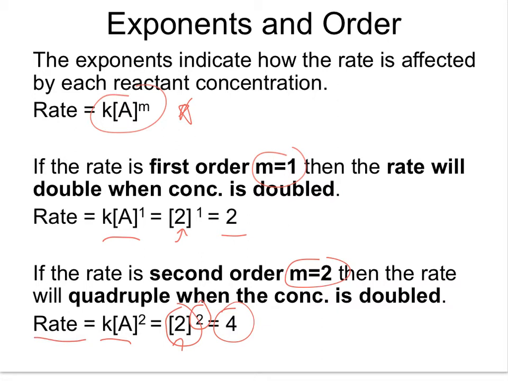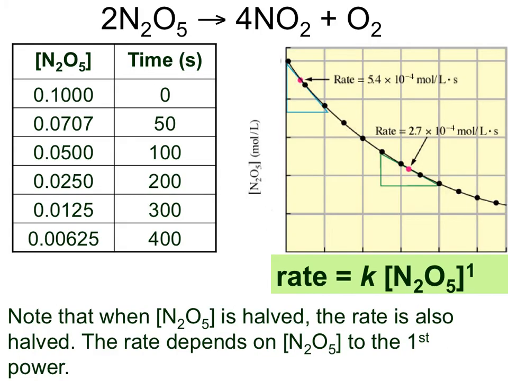So obviously the exponents are pretty important in terms of figuring out what's going to affect the rate most drastically. For a specific chemical reaction, we can get some information from the data associated with the concentration changes over time. The first thing we would do is look at the chemical reaction that we're actually carrying out and write our generic rate law. For this reaction here, our generic rate law is going to look like so.